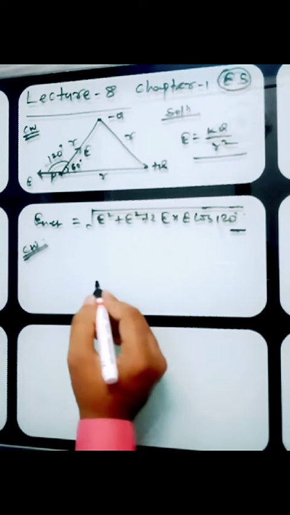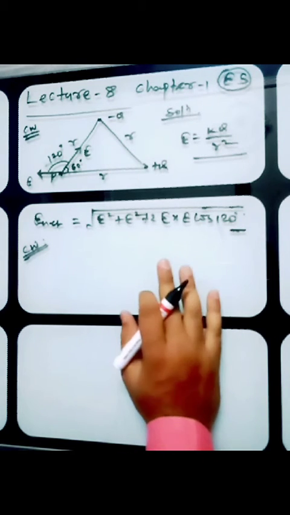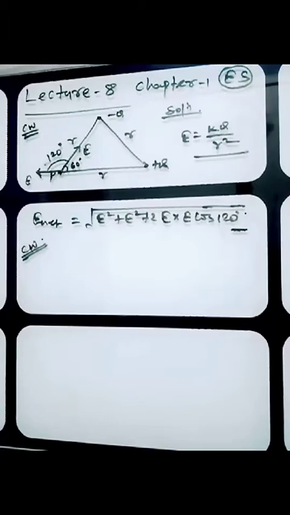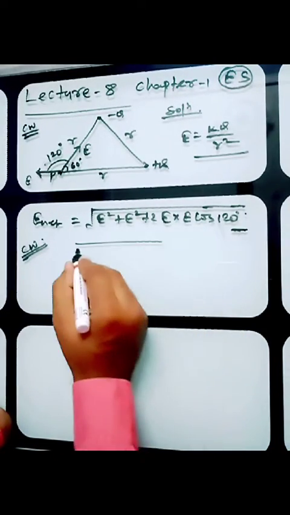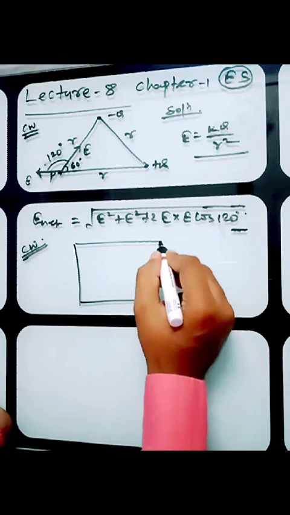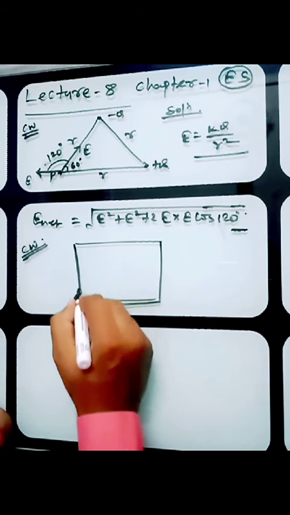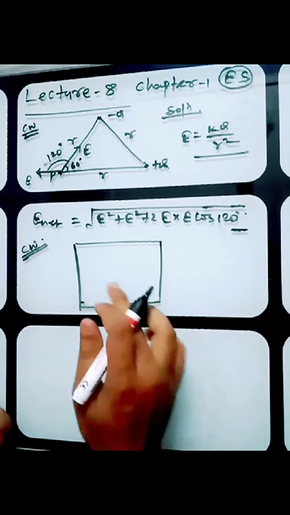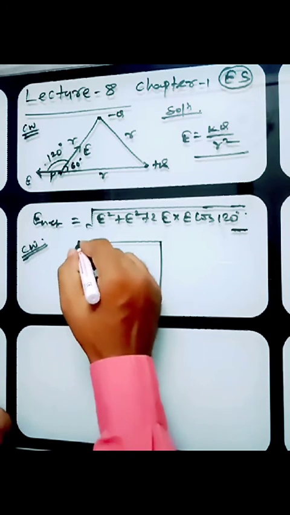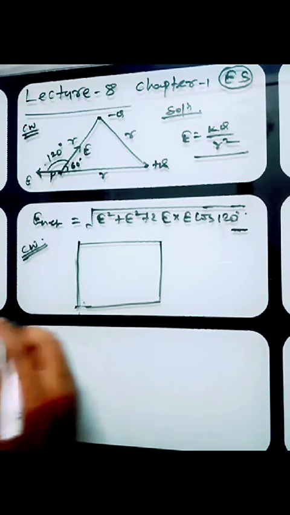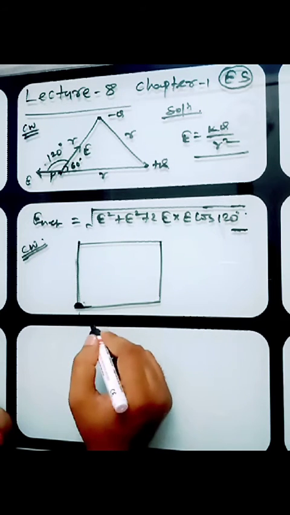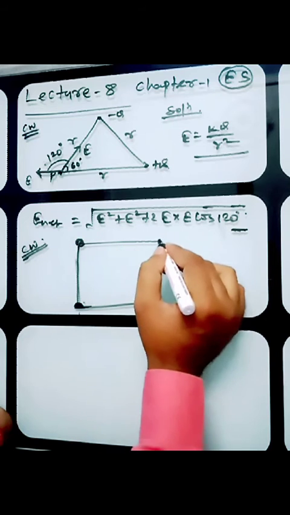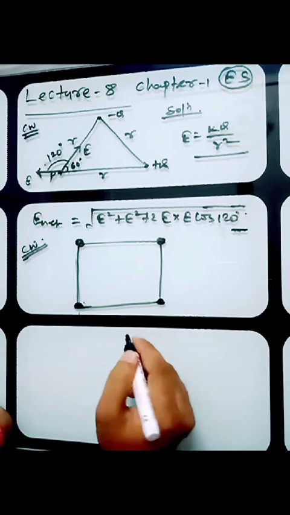Now you have to find the electric field at observation point P. Okay, so this is your question. This is the square, and four charges are placed at four vertices.